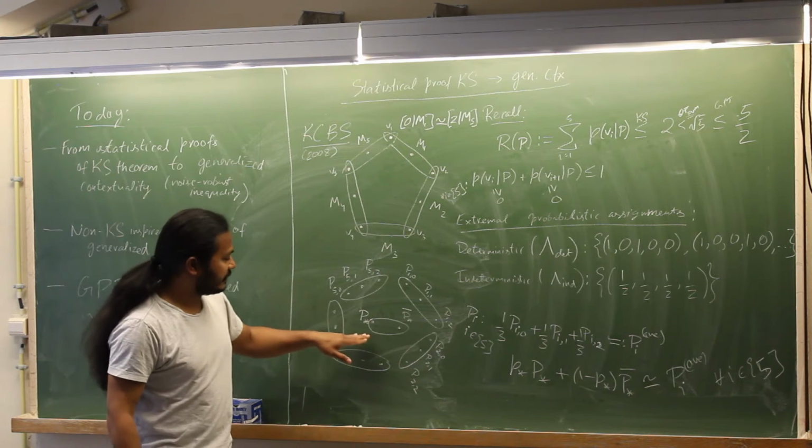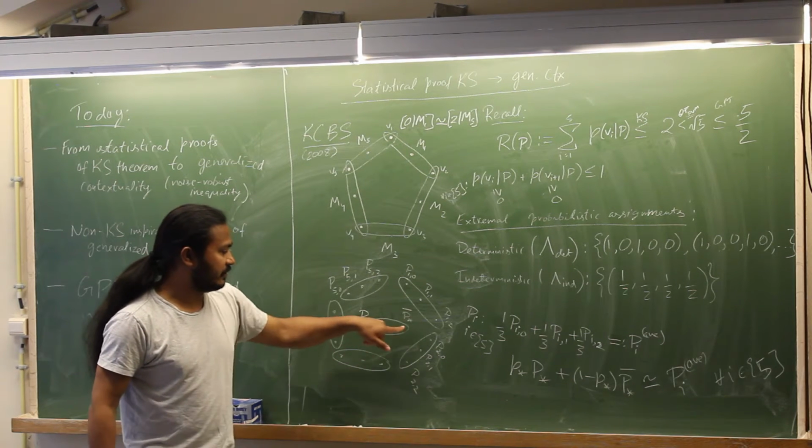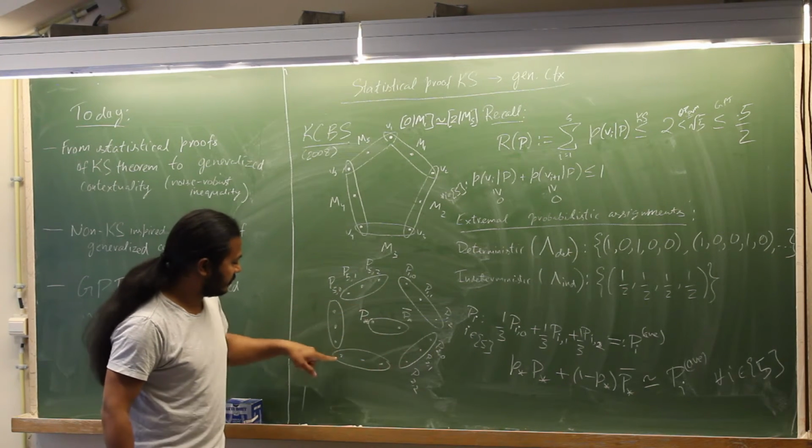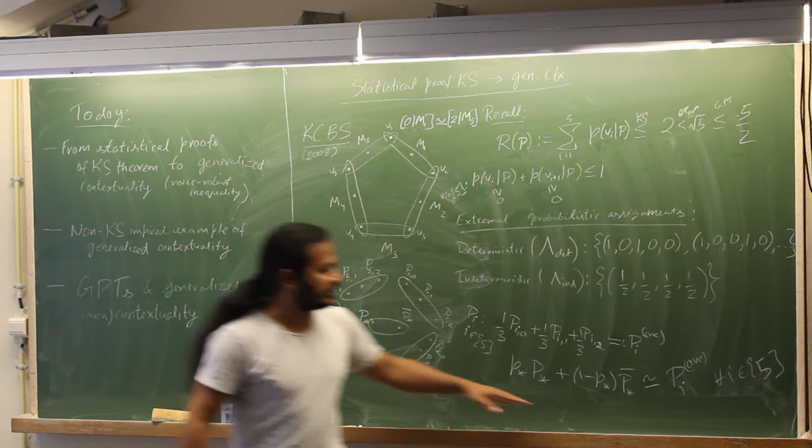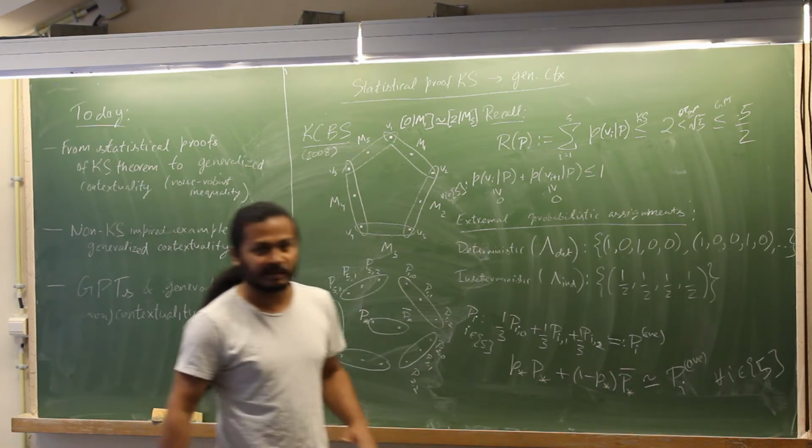So basically what I'm requiring is that if I coarse-grain this ensemble, this ensemble, this ensemble, this, they all mix to the same average preparation, same scale.